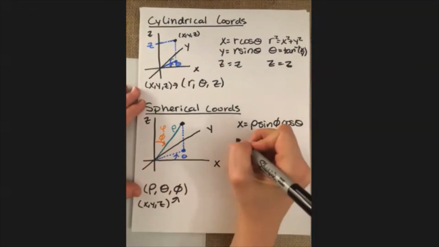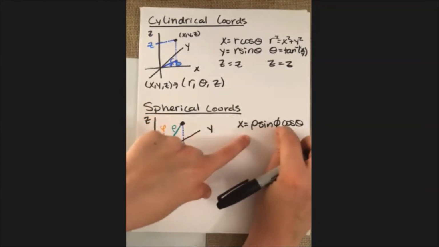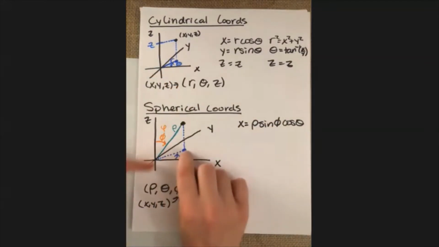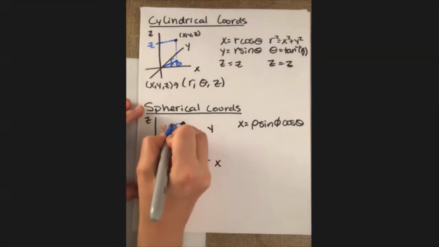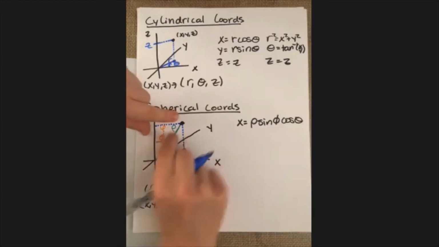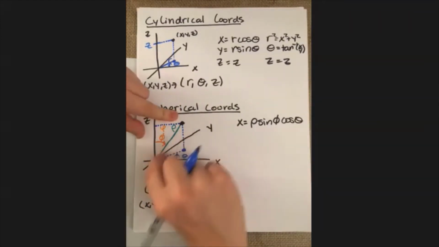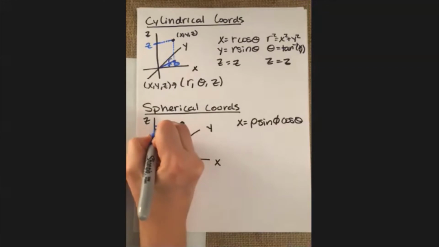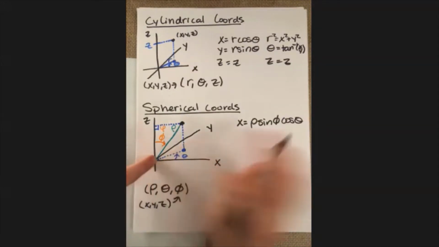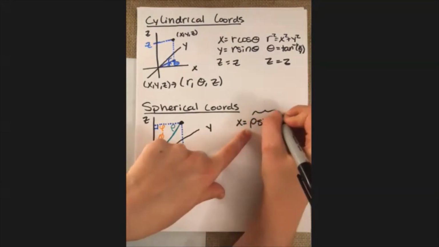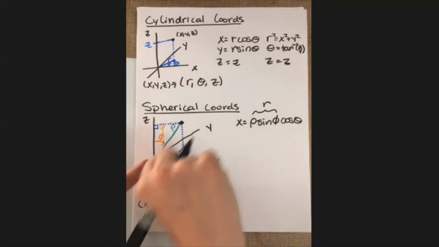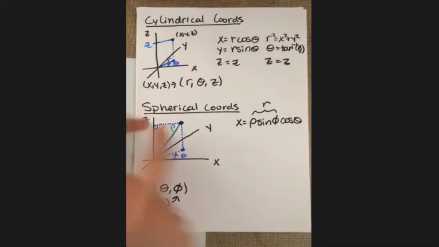And then the rho sine of phi comes from the fact that, okay, this leg right here is the same thing as this leg up here. And this leg up here is sine of phi times the length of that leg there, because you can think about this as being a right triangle. So this leg here kind of corresponds to like the r that we had up here, and you derive that from this leg times sine of that angle there.